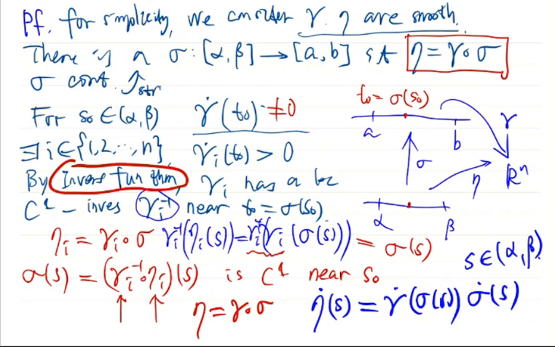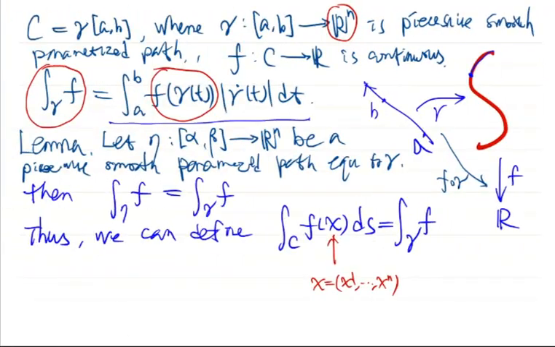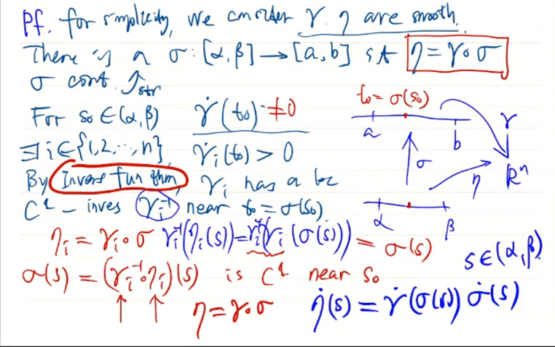Now our purpose is to prove that the integrals of f along eta and along gamma are equal. This is what we want to prove. Having obtained the smoothness of sigma, and in particular this relation between the derivatives of eta and gamma, we can obtain our result easily.